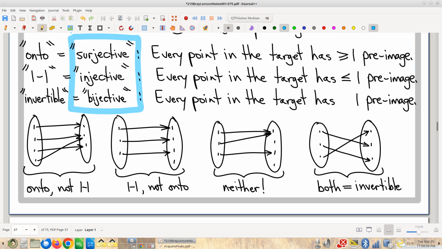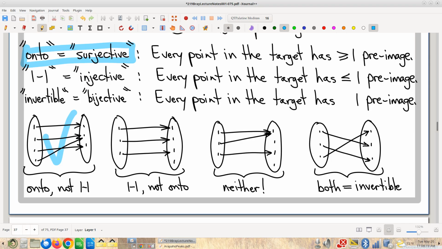Roughly speaking, it gets to, given an output, how many corresponding inputs do we know there must be? A function is onto, aka surjective, if for every point in the target, every possible output, there is at least one pre-image.